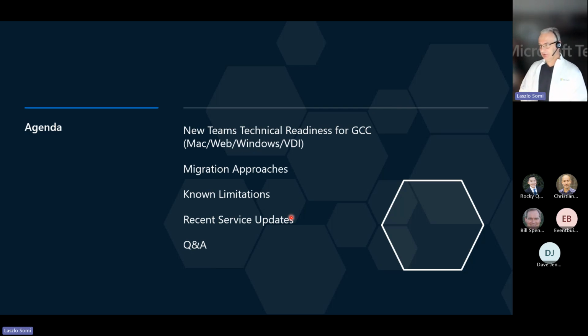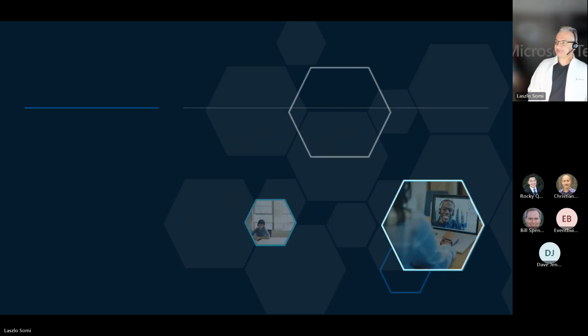We will talk about all of them. We're going to talk about migration approaches, known limitations as we develop the product and release it, and recent service updates before we get to Q&A. During the session, please feel free to type in your questions, and my colleagues will try to answer you quickly.